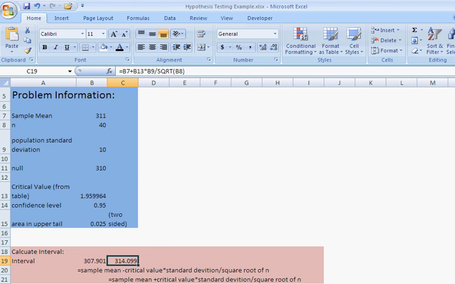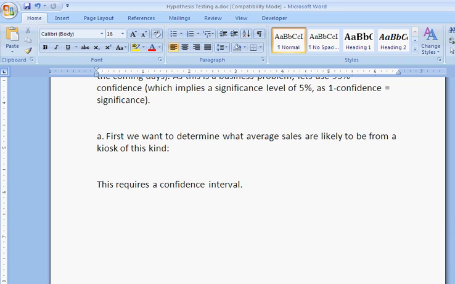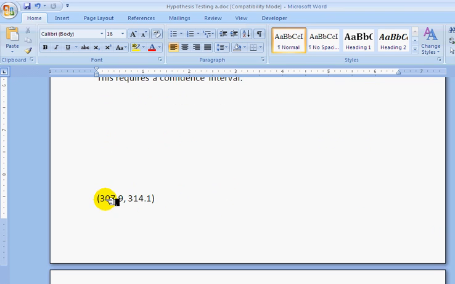So what we have here is our confidence interval, and this is where we ended up last time. This confidence interval is from $307.90 to $314.10. This suggests that at 95% confidence we have a real good idea that the mean sales will be within this interval.